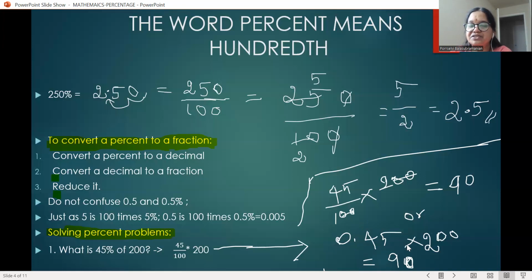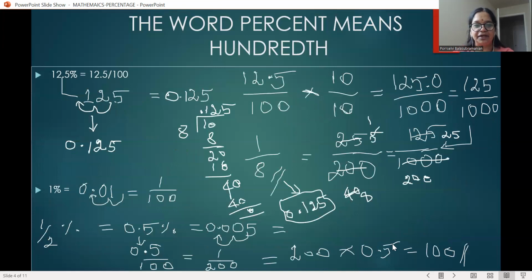This is the fastest way. When you write in the exams, you can solve the problem very quickly. Instead of writing the fraction, then cancelling, simplifying, then multiplying, you can convert the percentage directly into a decimal value, then multiply into 200, you will get 90.